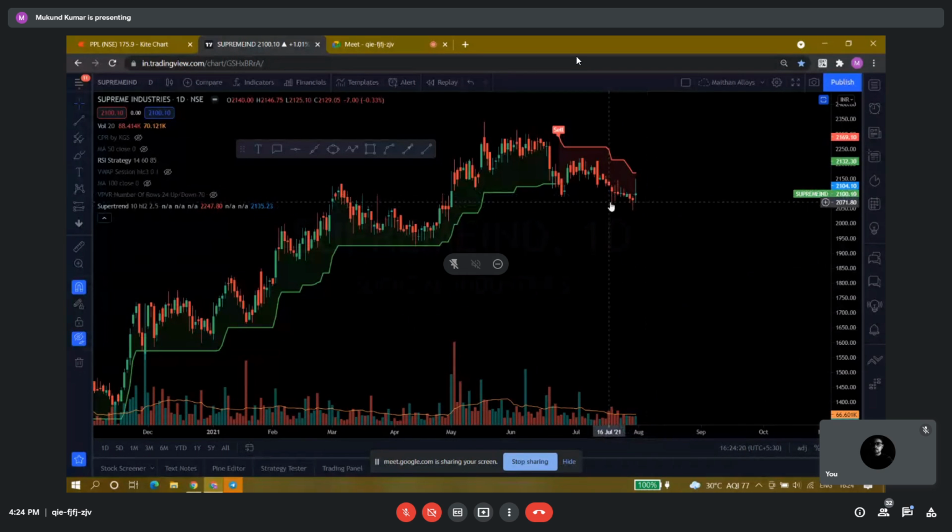The chart is obviously good. The chart is around a support. I would suggest wait for a good green candle above this particular body, this close. And it would be better if you get a close above this 2148 level. If a candle closes above this 2148 level, that would be a more safe entry.